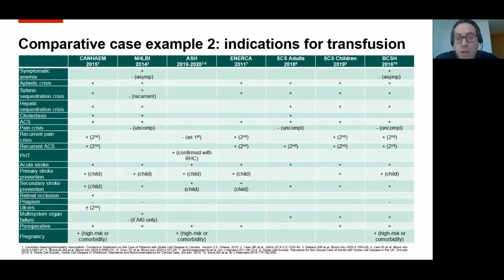When it comes to recurrent pain crisis and recurrent ACS, there was some sort of mention of the use of transfusion as a second line if hydroxyurea or other therapies are not working. And then when it comes to stroke prevention, there was the clear indication for primary and secondary stroke prevention, although with some variation, whether it's indicated for children and adults or for children only, depending on which evidence or which clinical trials were available at the time.